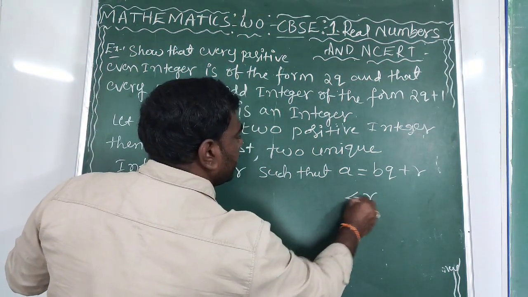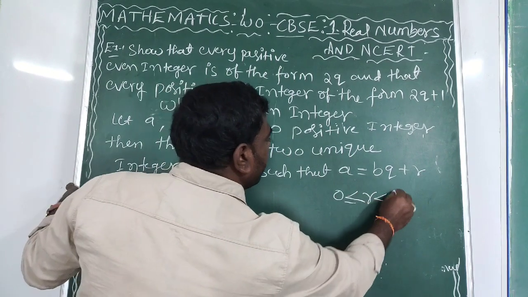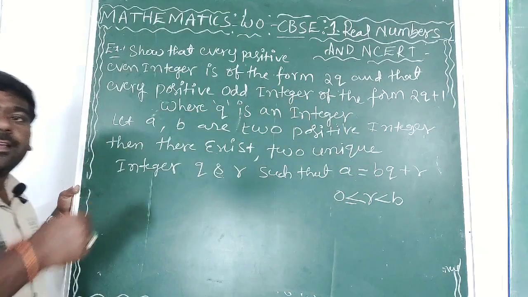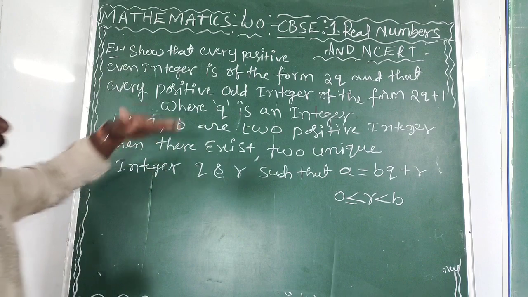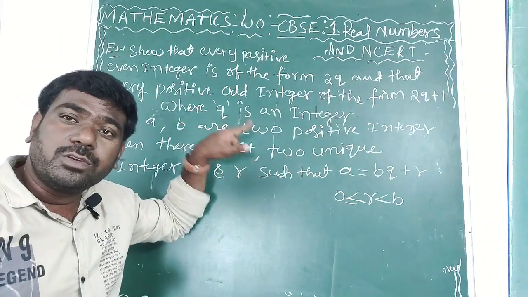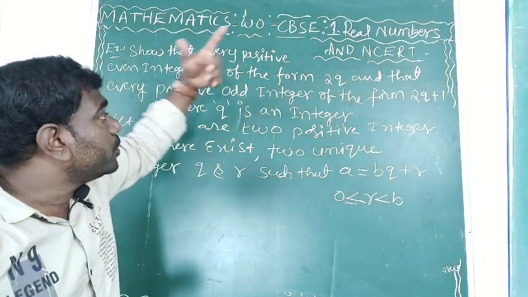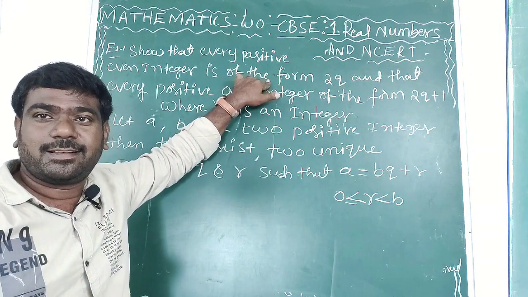R is greater than or equal to 0 and less than B. Now this is the Euclid division lemma. By using this lemma, we have to prove this statement.